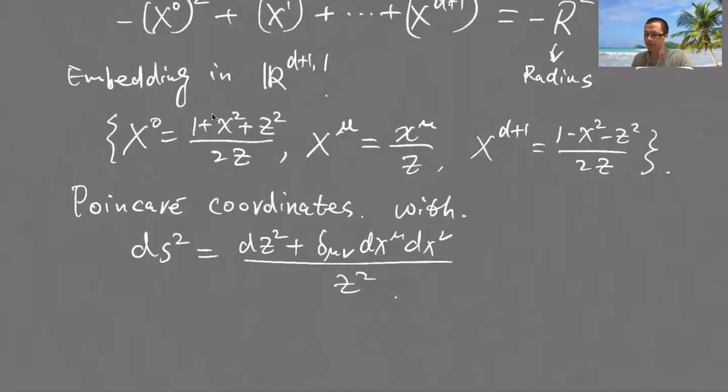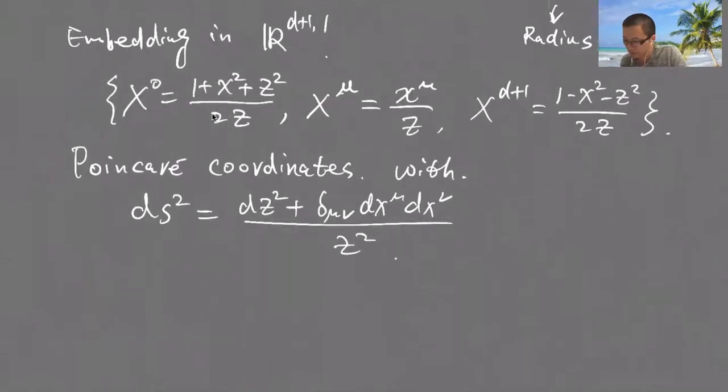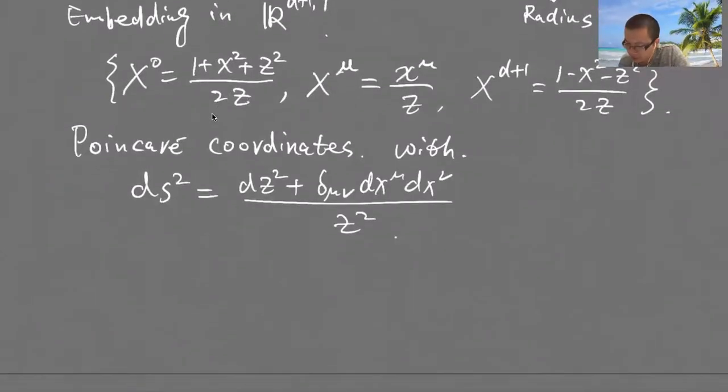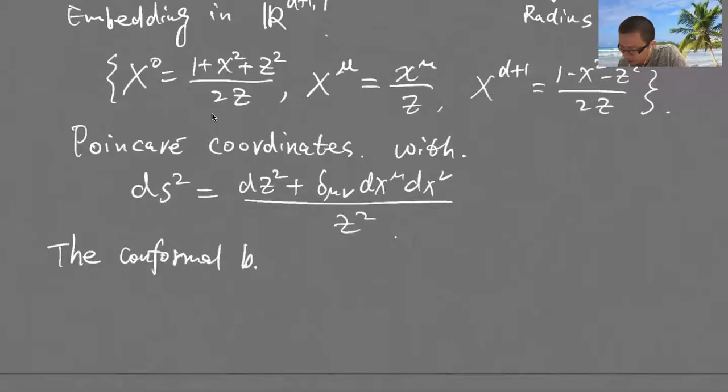Okay. So the conformal boundary is at z goes to 0.